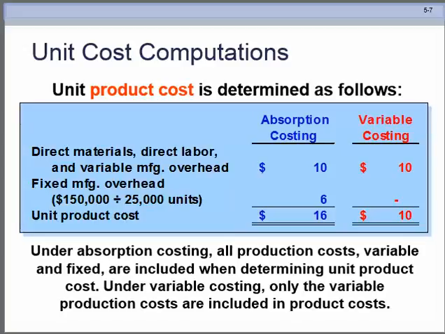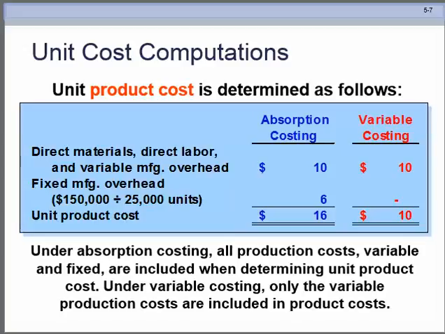Therefore, a higher ending inventory results in a lower expense, the expense being cost of goods sold, deducted to arrive at net income. So in English, if you have a higher ending inventory, you will have a higher net income. Okay? Since you're deducting less from it.